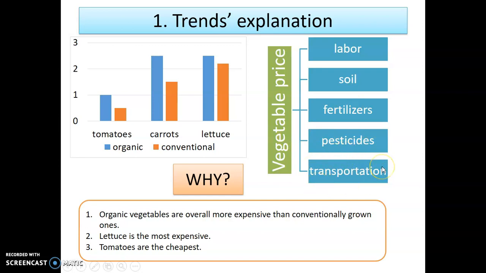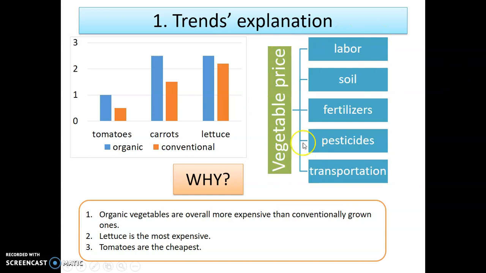And transportation is very important because you need to transport the vegetables from the field or a farm, or from any other place where you grow them, to a market or a shop. You need to pay for petrol, for car service, maybe some customs fees, or something else.